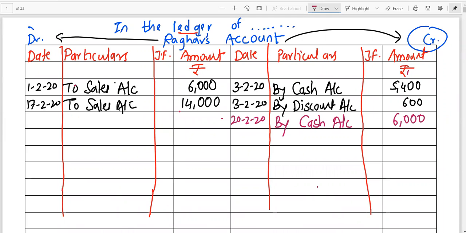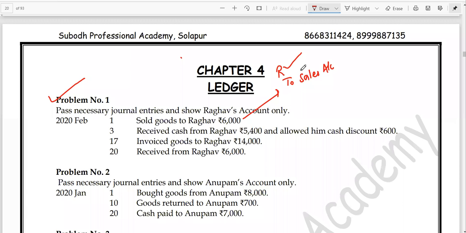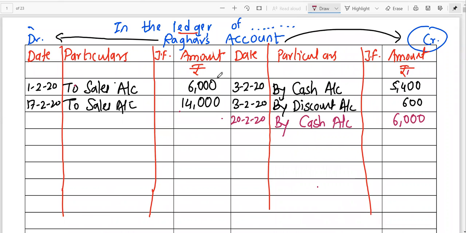In Raghav's account debit to sales account, if you cut down Raghav's account, we have only sales account. So write down 'To sales account' rupees 6,000. Do not write anything in the JF column. Write only in the amount column, 6,000. The JF column should be blank.